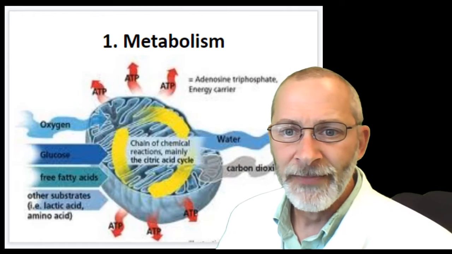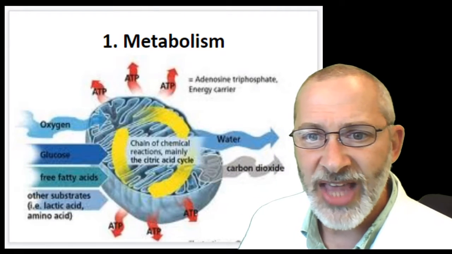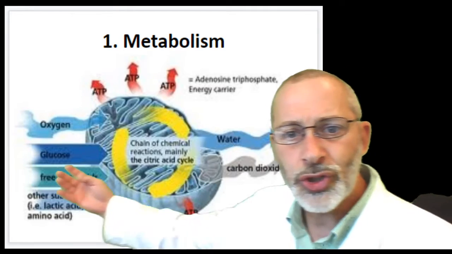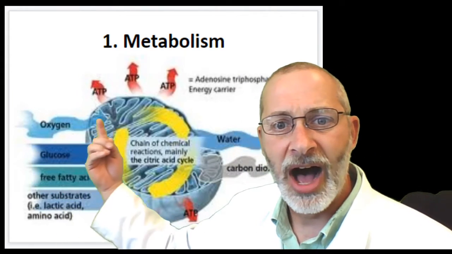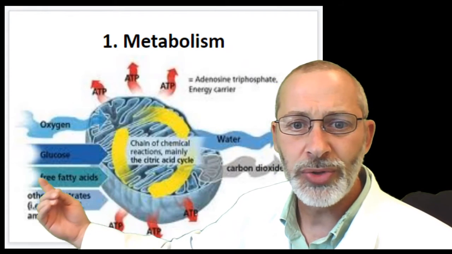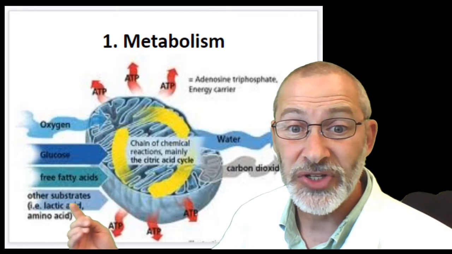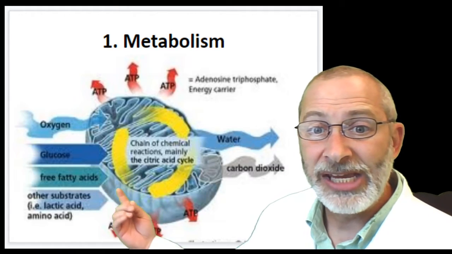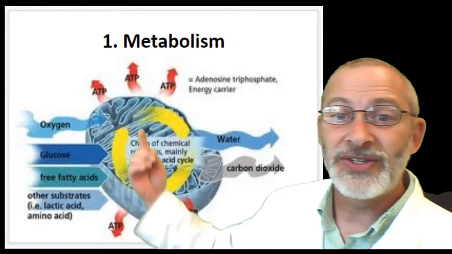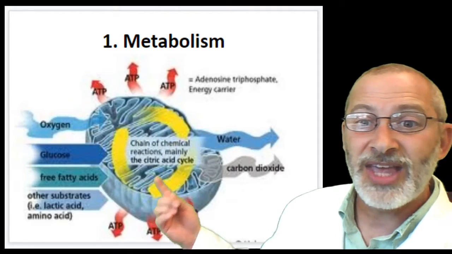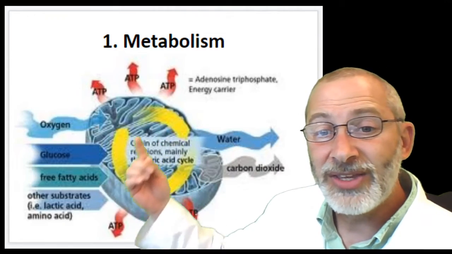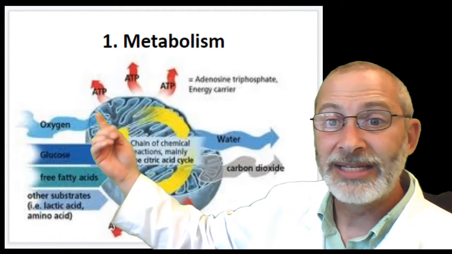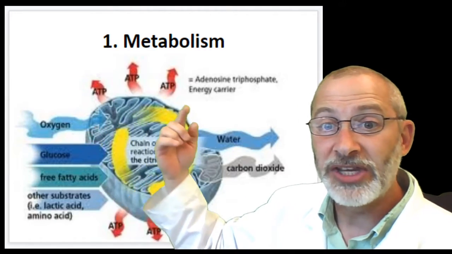And here is a picture of a cell. And you can see there are certain things going into the cell, including oxygen, glucose, fatty acids, and other substances. There's a chain of chemical reactions that occur here within the cell. And then there is the release of different kinds of energy, like ATP, adenosine triphosphate energy.